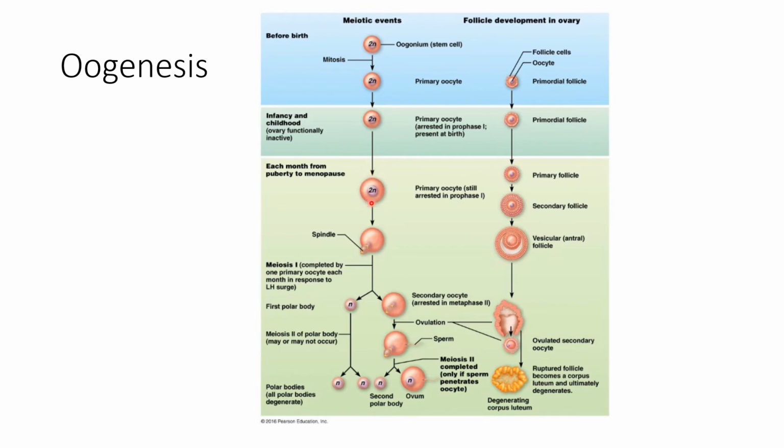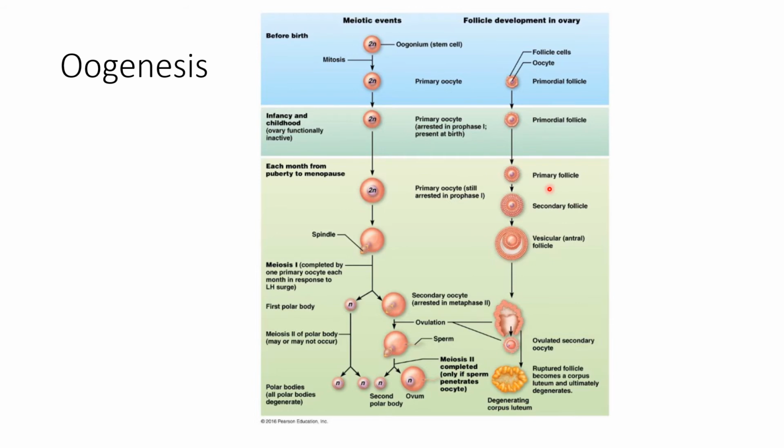So as the primary oocyte is finishing off its meiosis 1 and giving you those 2 haploid cells, at the same time, the cells that are surrounding that primary oocyte are going to start to grow. And so now, instead of calling it primordial follicle, we are going to call it primary follicle.